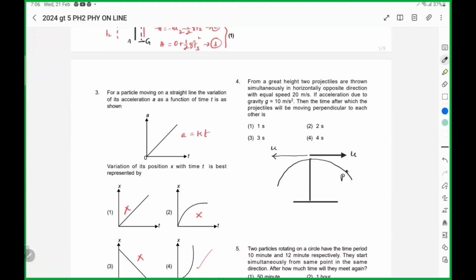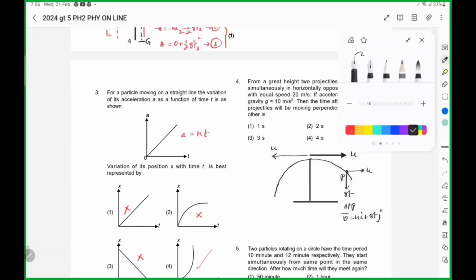After some time, the horizontal velocity remains the same. Once it is projected horizontally, the initial vertical velocity is 0. So after t seconds in the vertical direction, velocity will be gt. So at this point P, the velocity vector will be ui plus gtj.